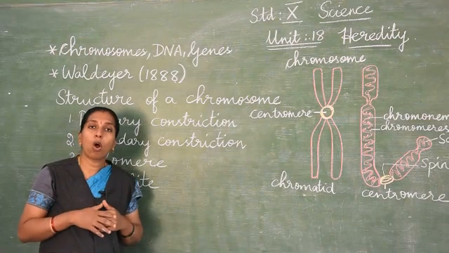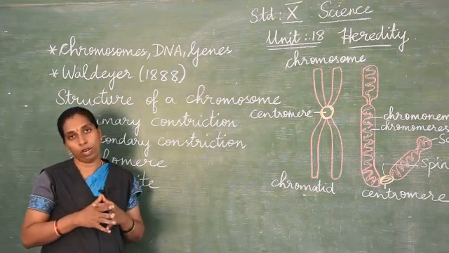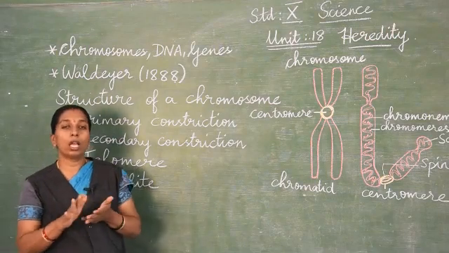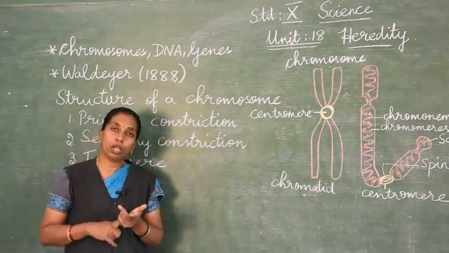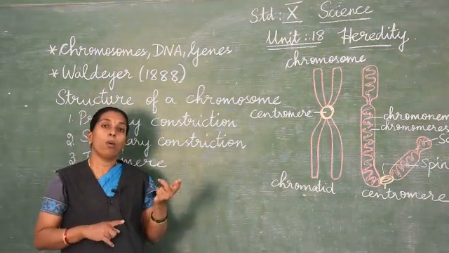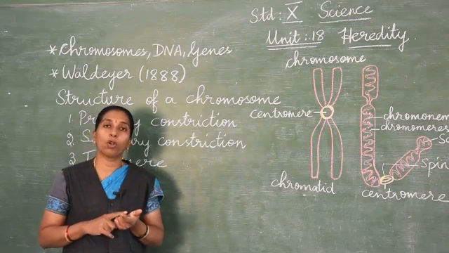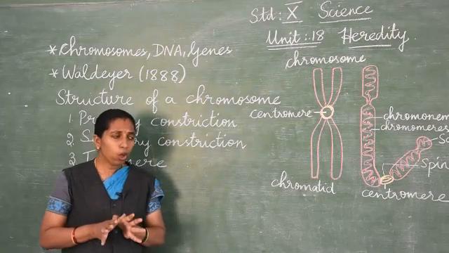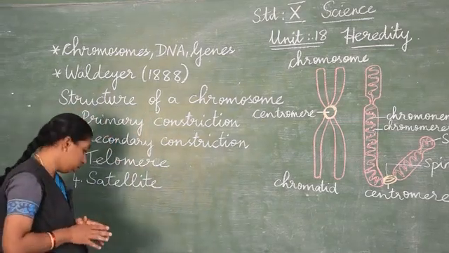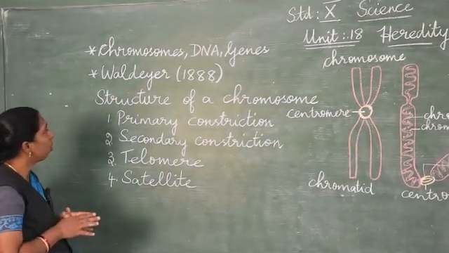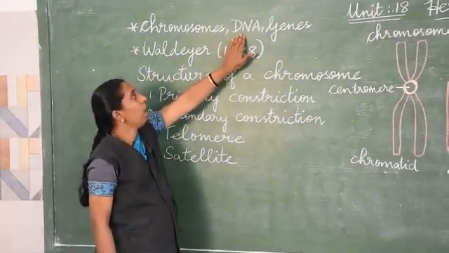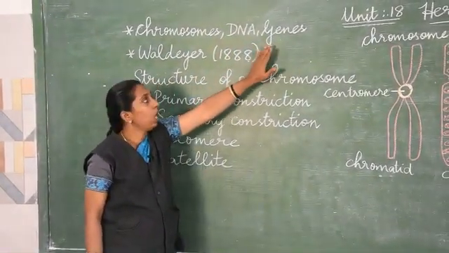Genes are called the hereditary units. So you should concentrate on what is heredity, what is genetics, as well as what is Mendel's monohybrid cross, Mendel's dihybrid cross. Now we shall learn the structure of chromosomes, DNA, and genes.